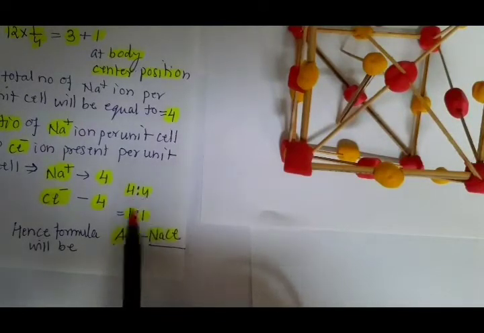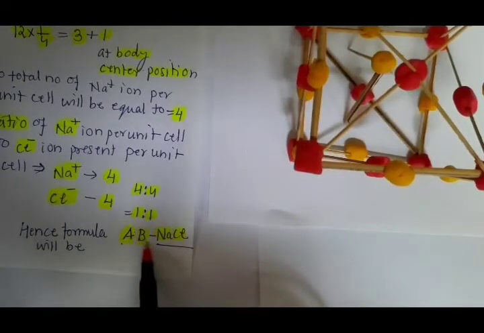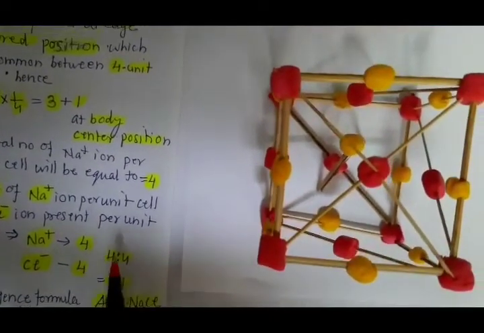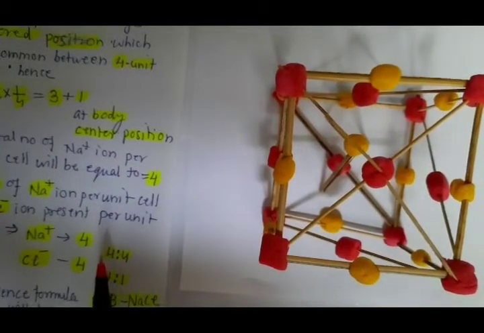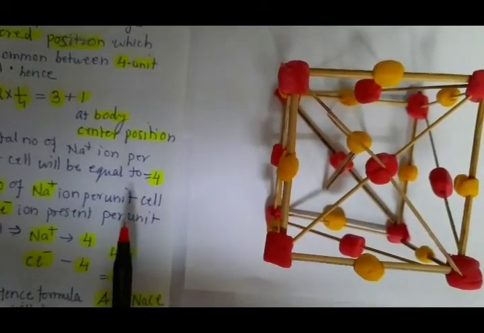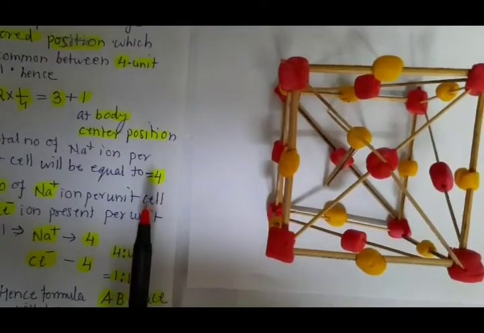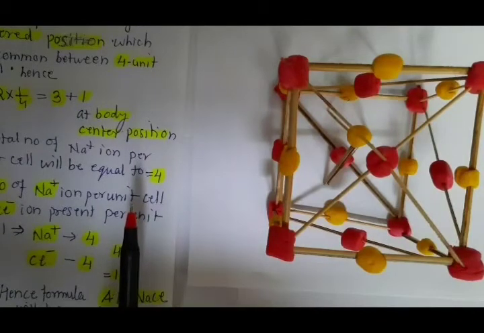So the ratio of 4:4 comes out to be 1:1, and hence the formula of this type of unit cell is AB, and this crystal is an AB type of crystal, and it is nothing but NaCl. The ratio of sodium ion to chloride ion comes out to be 1:1, and you know that the compound should always be electrically neutral.